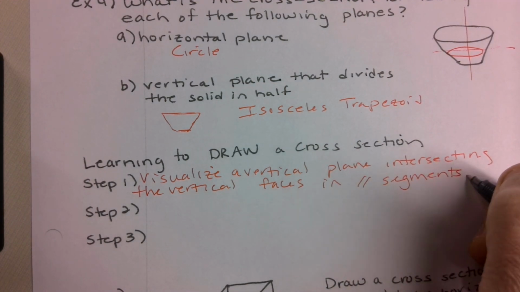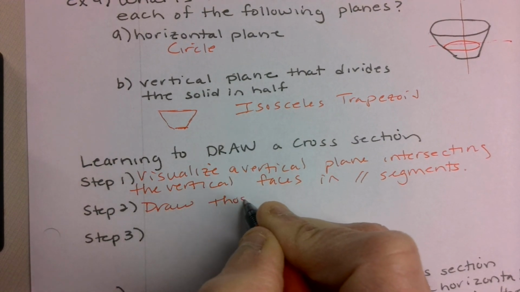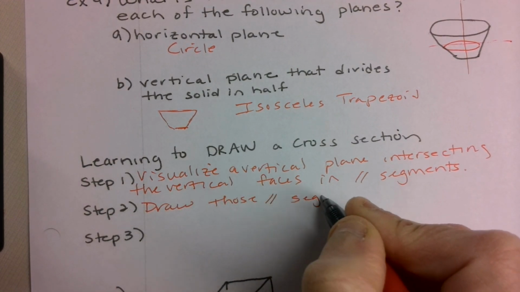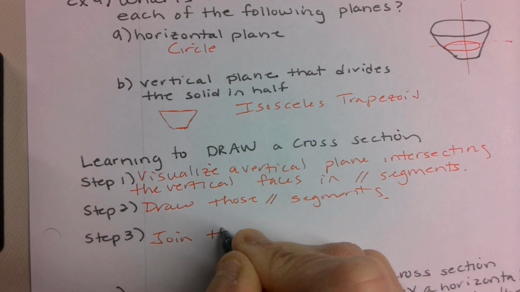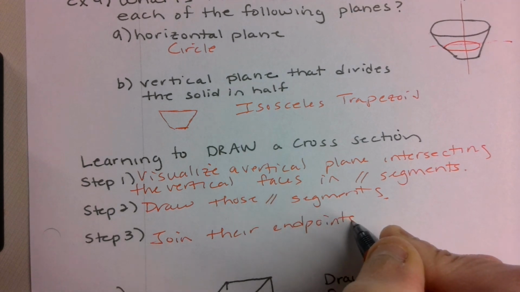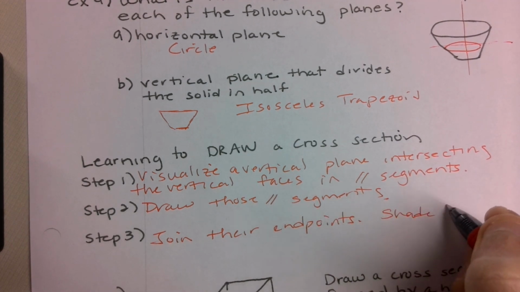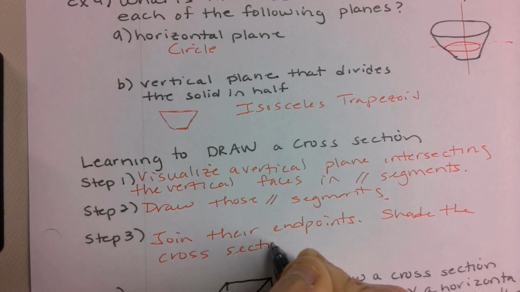I'll walk you through this in a second. Then you want to draw those parallel segments. And then you want to join their endpoints and shade the cross section.